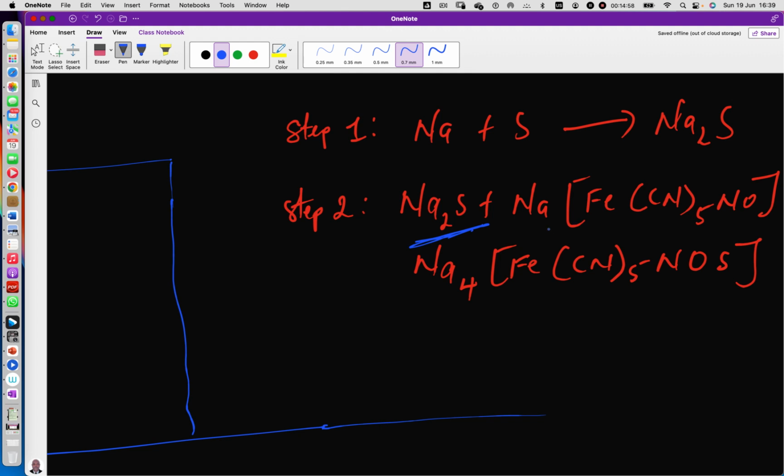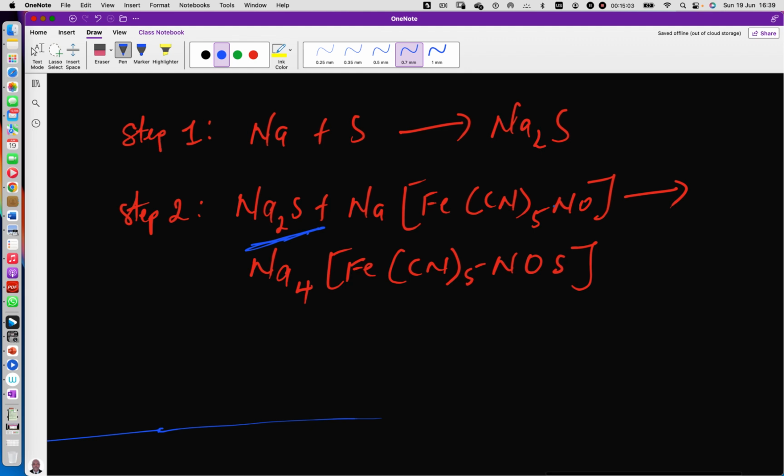This is sodium nitroprusside here. The sulfide ion in sodium sulfide is then identified by using this compound, sodium nitroprusside.